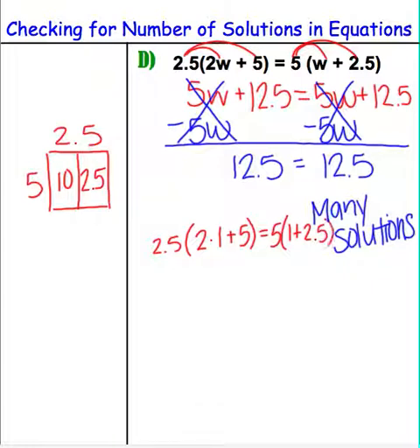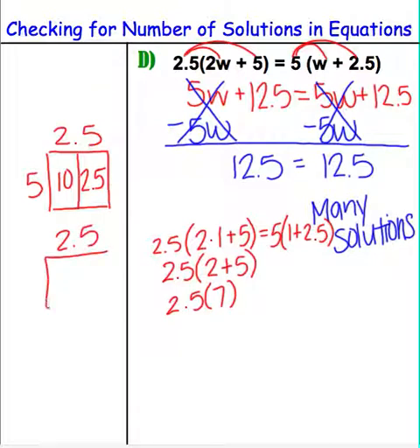And on this side, I'm going to get 2.5 times 2 times 1, which is 2, plus 5. 2 plus 5 is 7. 2.5 times 7: 7 times 2 is 14. Half of 7 is 3.5. I get 17.5.